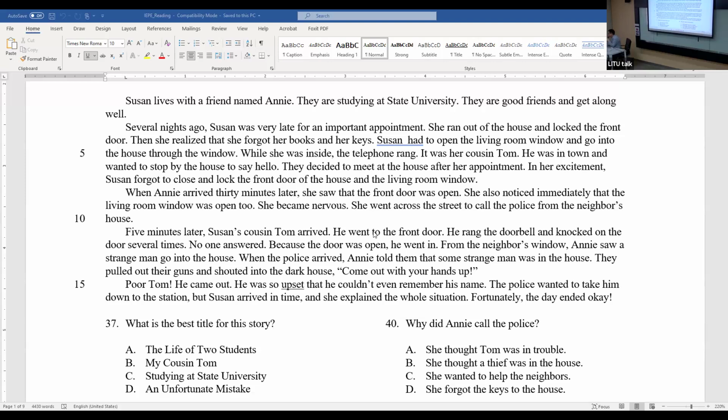Okay, so we have this kind of discussion, and this is item 37. The answer is unfortunate mistake, right? Then we have some kind of disagreement among the panelists.